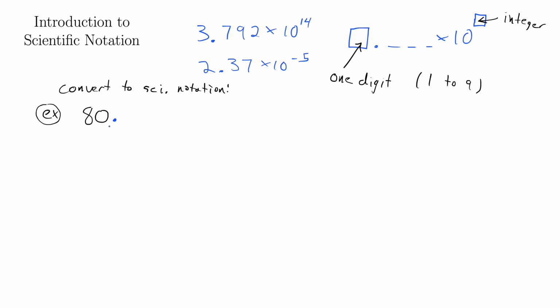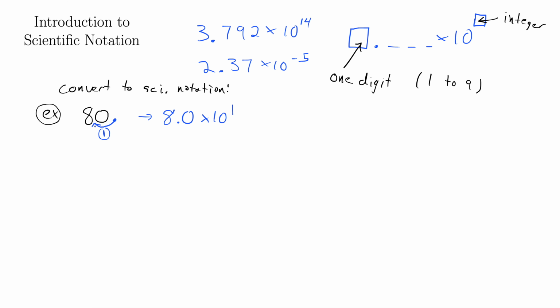Anytime you have a number, there's always a hidden decimal at the end of it, and we pop it over one this way. That gives us 8.0, but since we moved it one place, we write it as 8.0 times 10 to the 1.